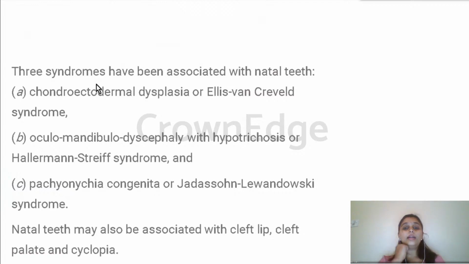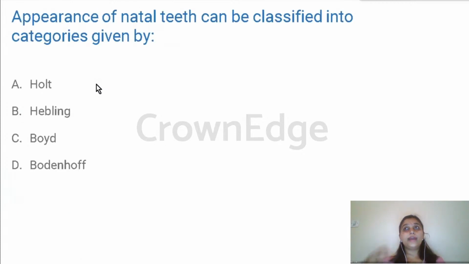Okay, and also in some cases of cleft lip and cleft palate, you do see the presence of natal teeth. Usually, we associate cleft lip and cleft palate with oligodontia, but some cases have also noted the presence of natal teeth. Okay, I hope this is clear to all of you, right? So we can move on to our next question.